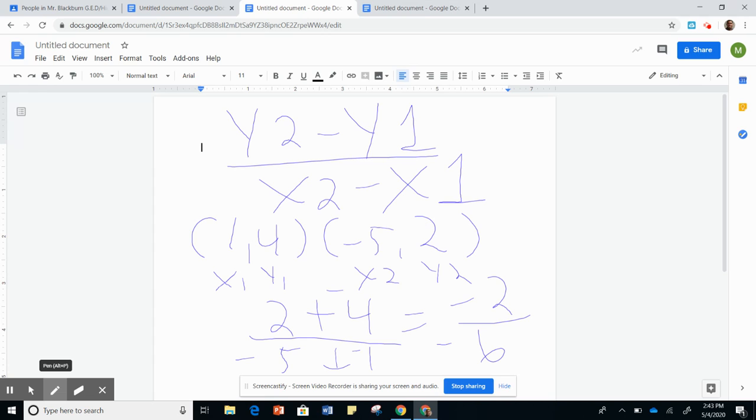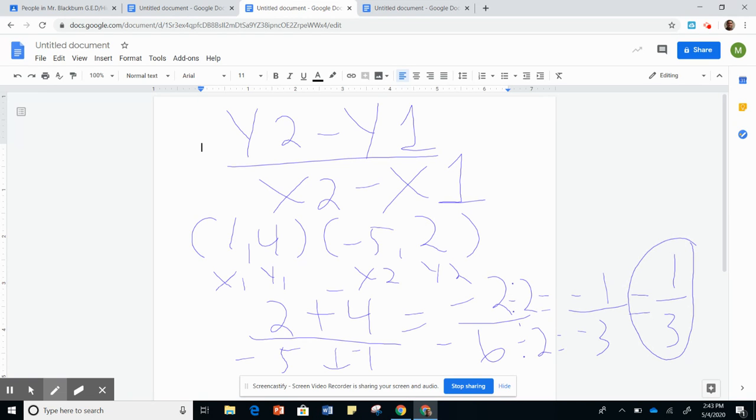So -2 divided by 2 gives us a -1. Then we have -6 divided by 2, -3. A negative divided by a negative is positive, so your answer is going to be 1/3. That is going to be your answer for this.